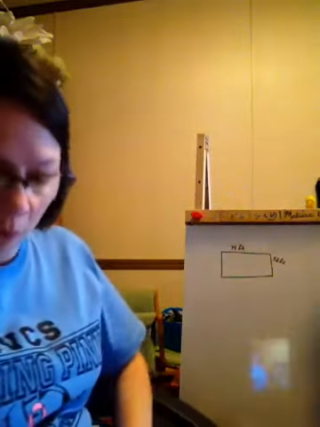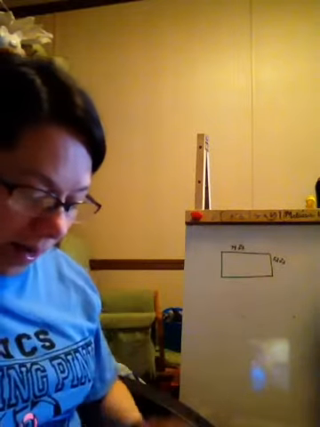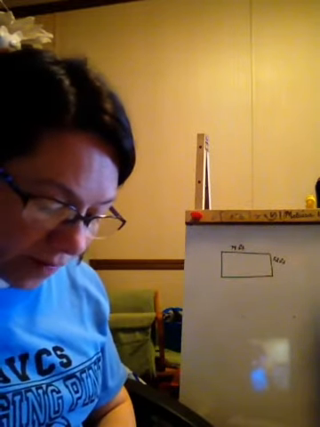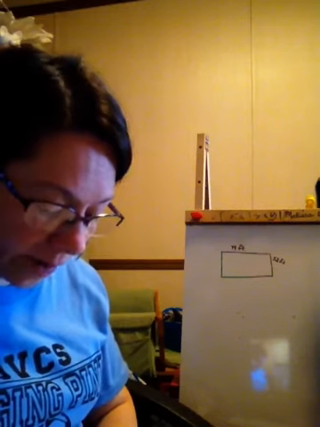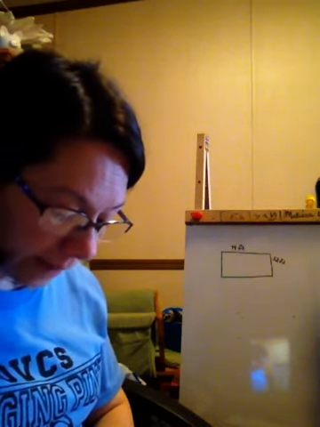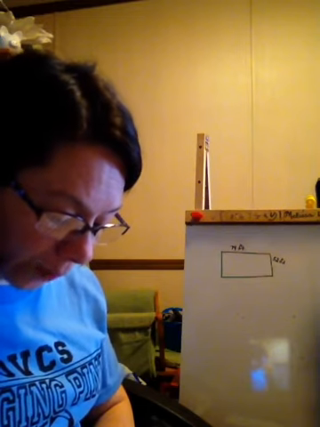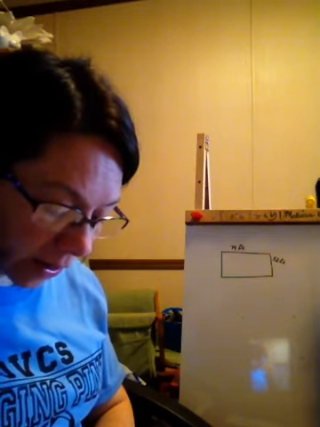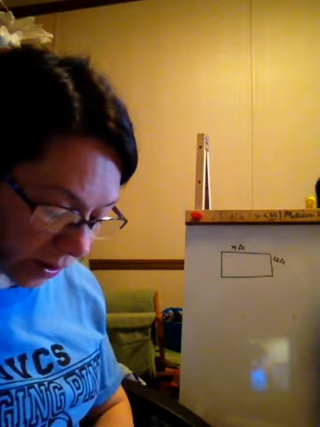Well, let's read this word problem. Uncle Jim is planning to put up a fence in his backyard. The backyard is 74 feet long and 52 feet wide. He needs to find the perimeter of his backyard to know how much fencing to buy.